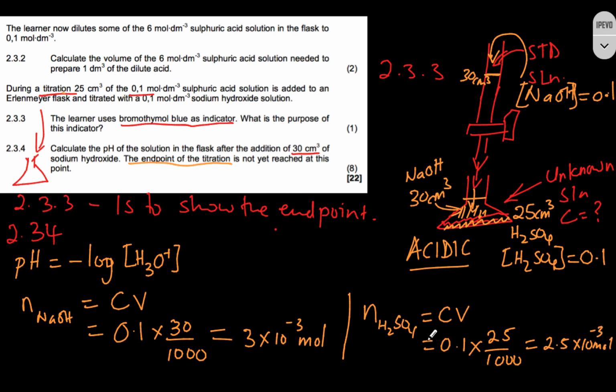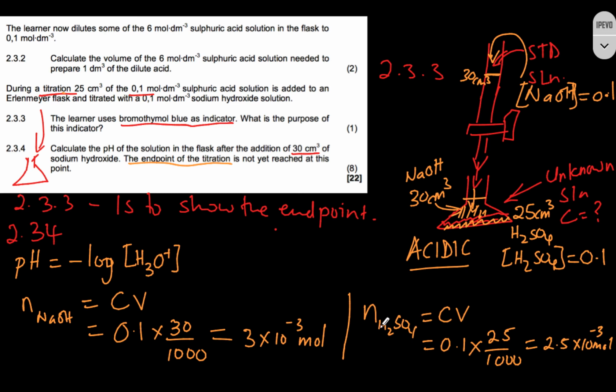We should understand that in this 30 cm³ that we added here, there were this number of moles, and in this there were this number of moles. And in that case, that simply means that we can now calculate the number of moles of what?